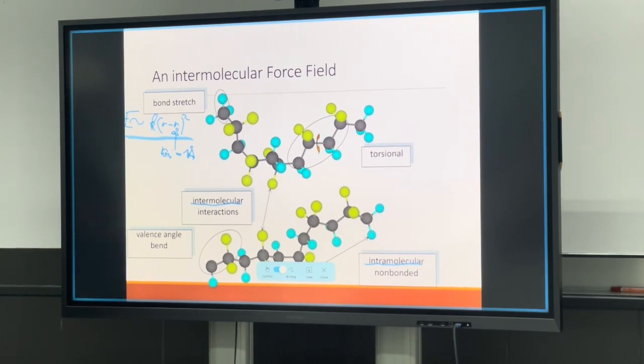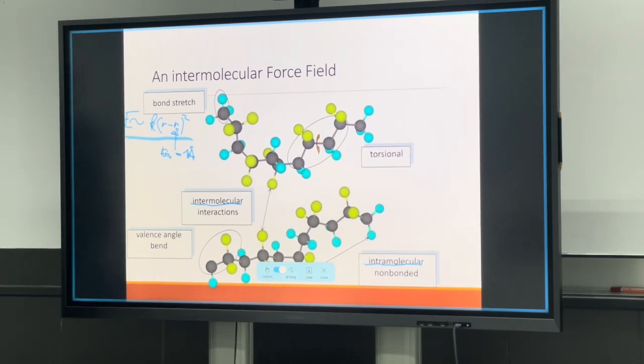The energy at 0.9 distance will be different from the energy at 1.1, but maybe not so much. So we can say it's a harmonic formula, it's a parabolic function. The energy is a parabolic function of the distance. This is exactly what we did 2 days ago here.